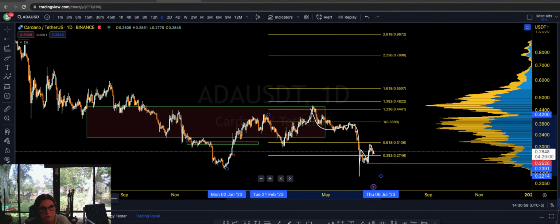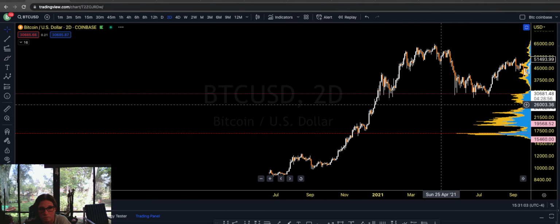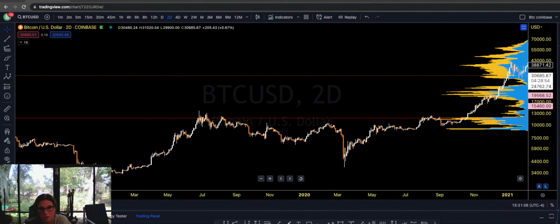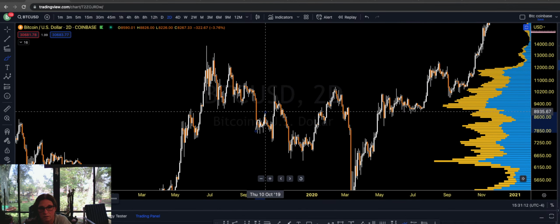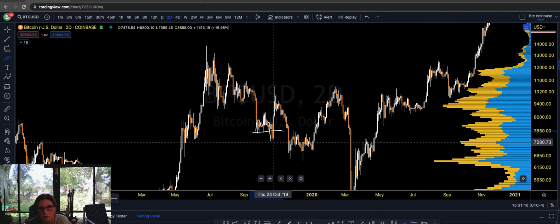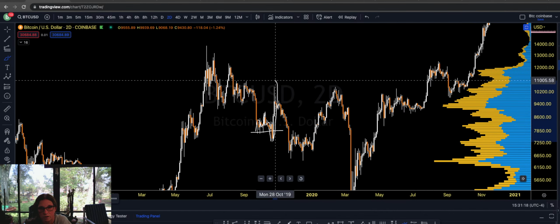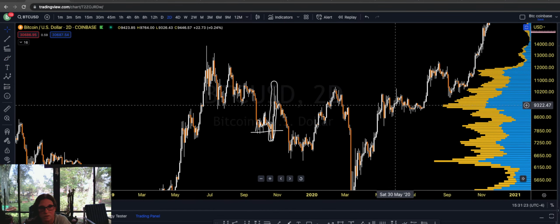And Bitcoin did this back in the day in a bear market right here. It did 3 to the upside, 3 to the downside that broke the low. And look at this ripping wave we got to the upside. That's what I'm talking about with these.